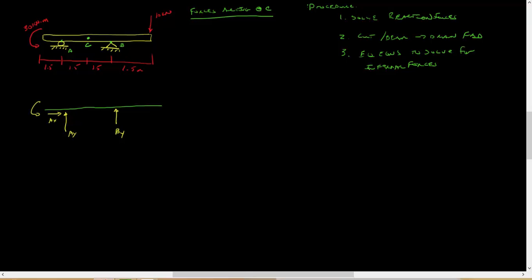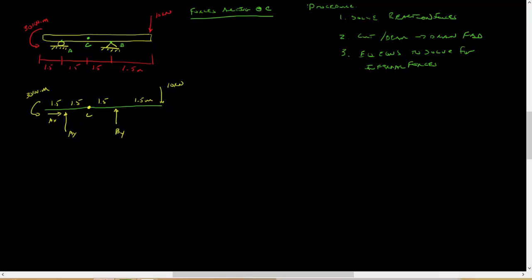I've got my moment that's acting on the beam, and then I have 10 kilonewtons. Again, this is 1.5 meters. We're looking at point C. That's 1.5, that's 1.5, and that's 1.5.